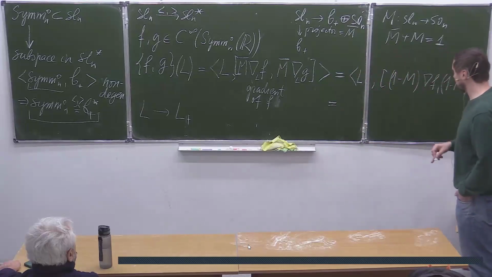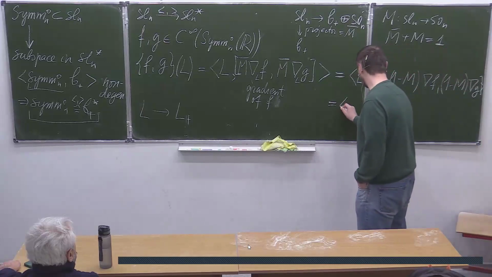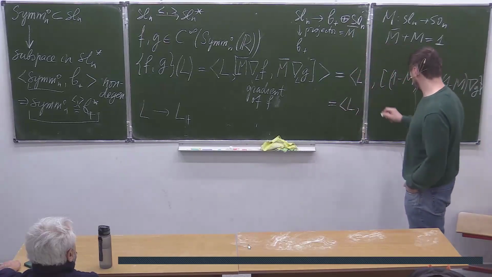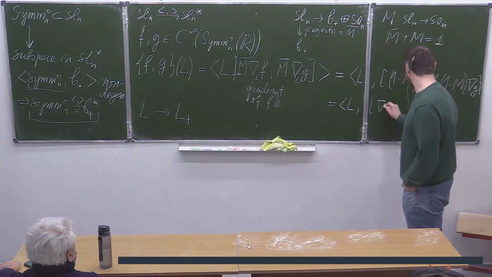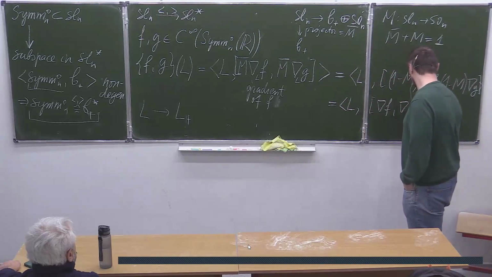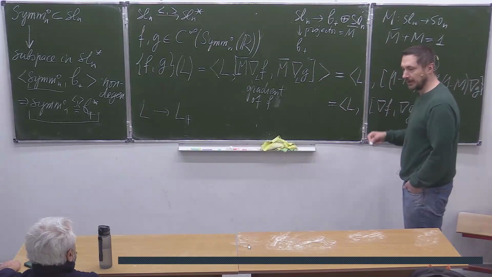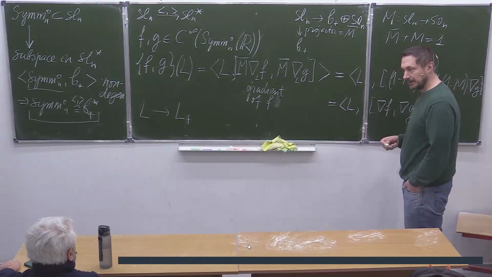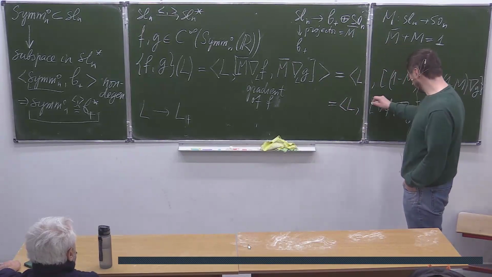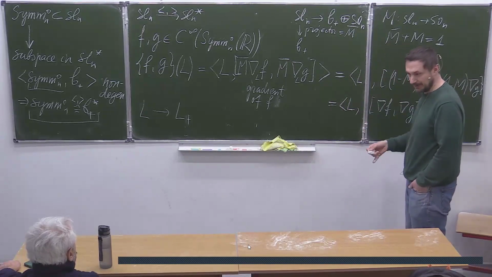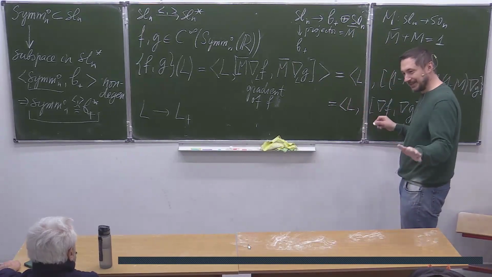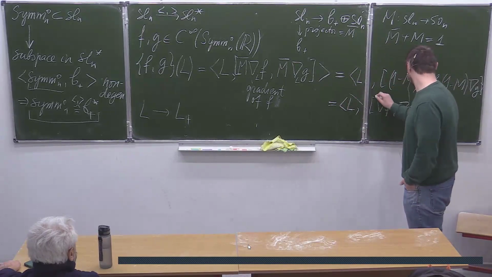Now I expand it, and what I get is L. Now there are 4 terms here. The first term is the commutator of nabla F and nabla G, but nabla F and nabla G are symmetric because they are functions on symmetric matrices. And the commutator of 2 symmetric matrices is skew-symmetric. So the pairing of symmetric and skew-symmetric is 0. We don't have it.